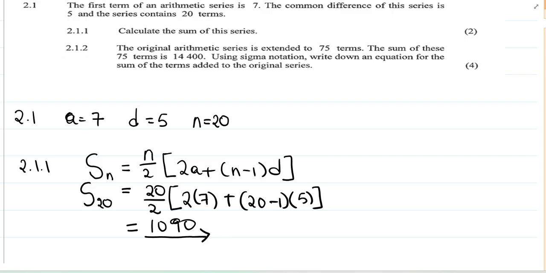Now we move on to question 2.1.2. They say the original arithmetic series is extended to 75 terms. The sum of these 75 terms is 14,400. Using sigma notation, write down an equation for the sum of the terms added to the original series.